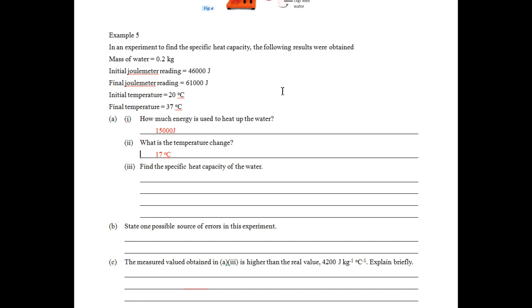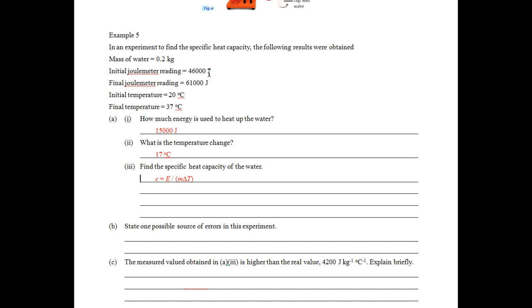A3, find the specific heat capacity of the water. First of all, we have to recall the equation of specific heat capacity. In this equation, c is the unknown. E is the energy used, which we found in A1. m is the mass of the water, which is given as 0.2 kg.